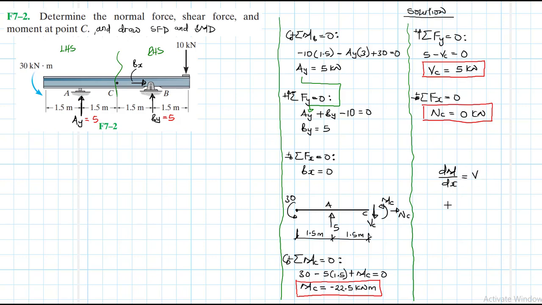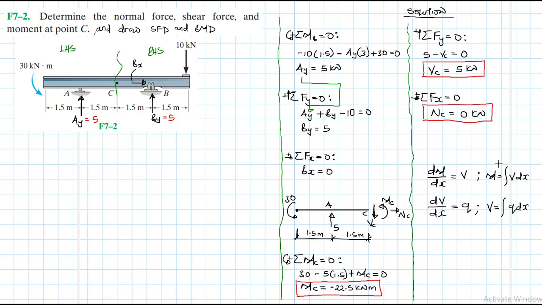is equal to shear, and the rate of change of shear with respect to x is equal to the load. And of course, we also know that moment, therefore, is just going to be equal to the integral of the shear, V dx, or the area under the shear diagram, and shear itself is equal to the area under the loading diagram.